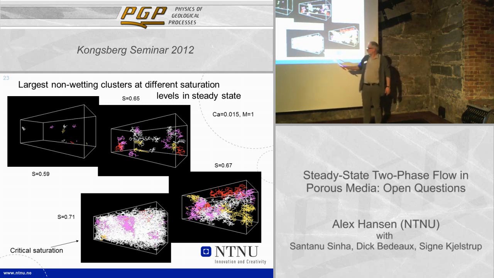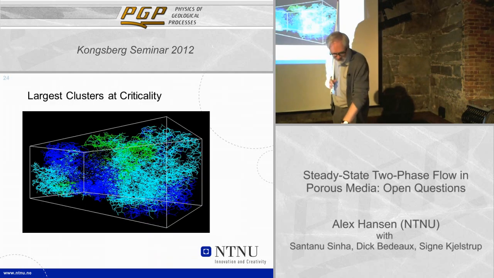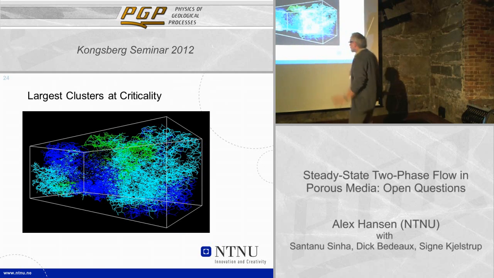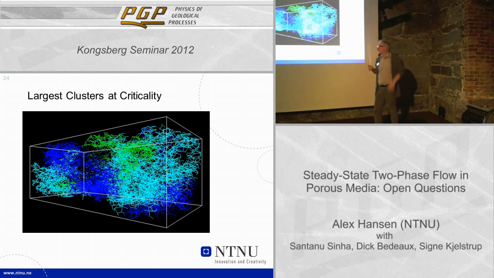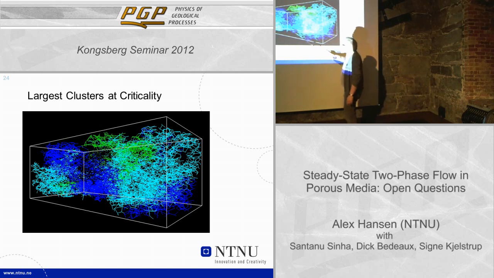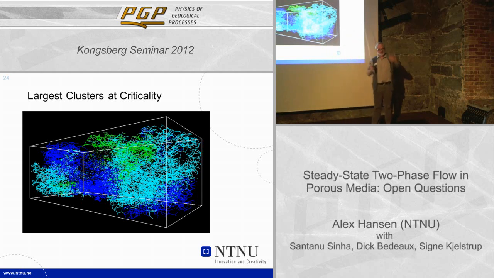And this is a phase transition happening at that point. At that point, there is no internal length scale on the clusters here. And it has similarities with the percolation transition, but we don't have the precision to decide whether it is percolation or not. That we cannot. We're not there. But anyway, here's just a rendering of the largest clusters at criticality, and this is changing all the time. But this is a typical picture.